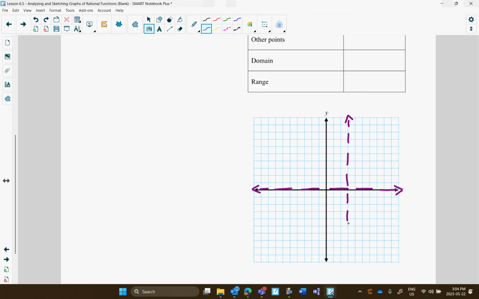And where was the hole again? At what point?